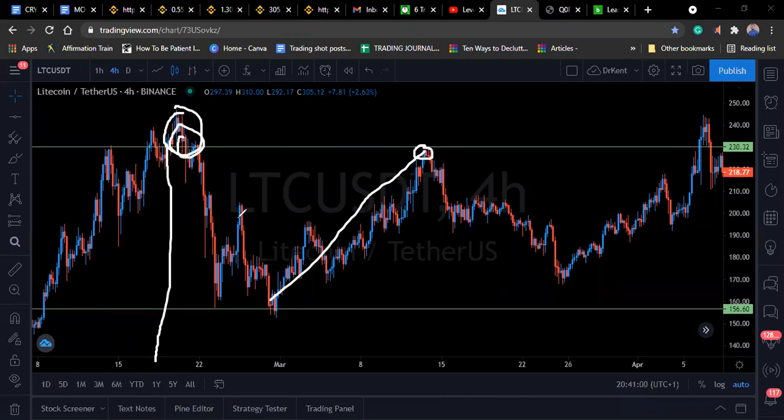So what is the probability that if price gets here again, those people that felt Litecoin as an asset is too expensive at $230 will be in the market and will be willing to push price down again?